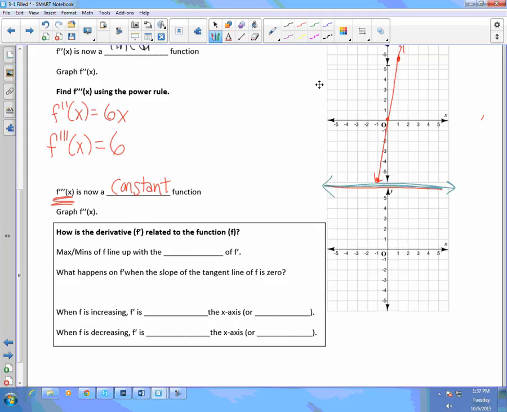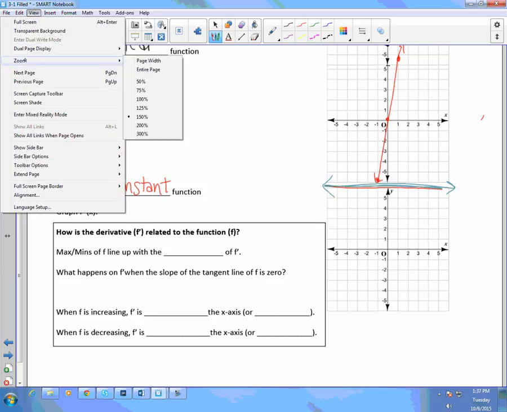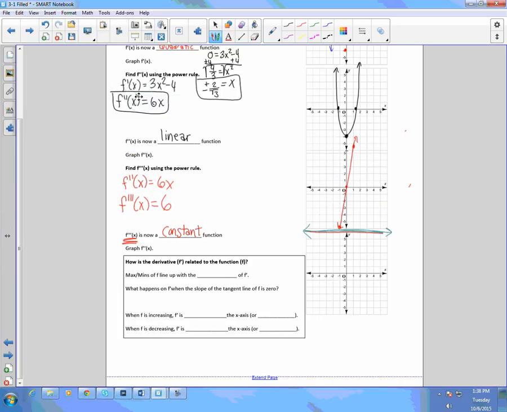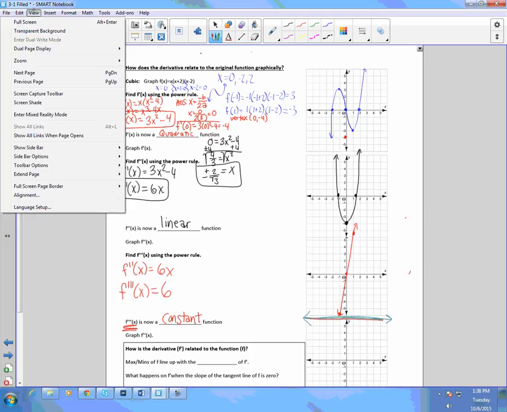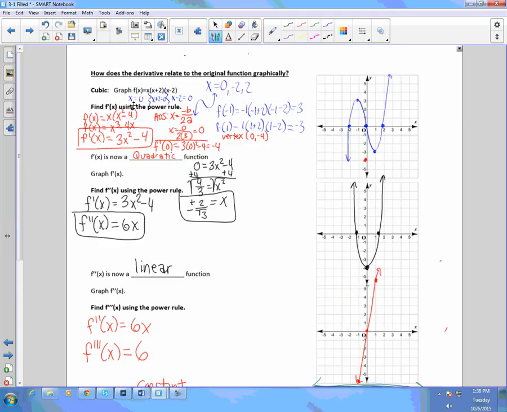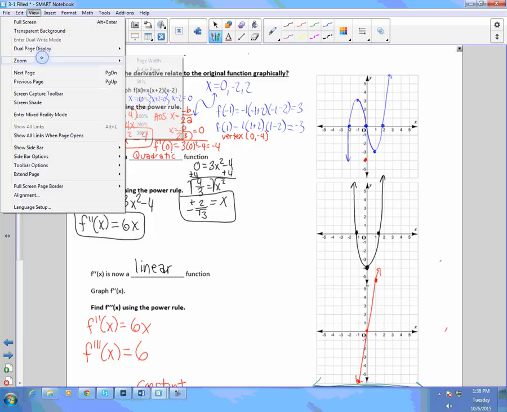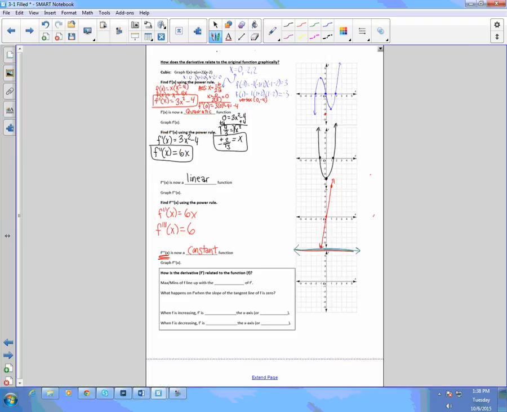Okay, now what we're going to do is look at relationships that happen as we take the derivative. So I can see all of them. So we went from a cubic, take the first derivative, we go quadratic, take the second derivative, we go linear, take the derivative again, we go constant.